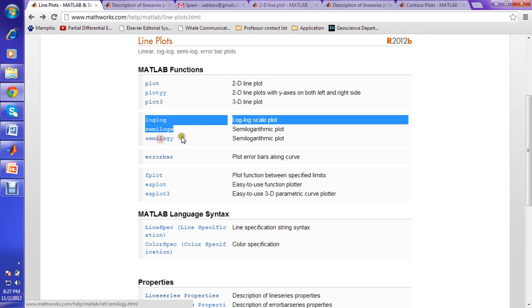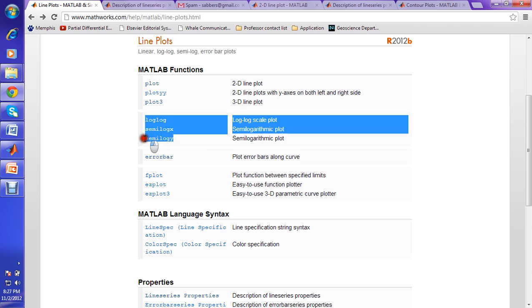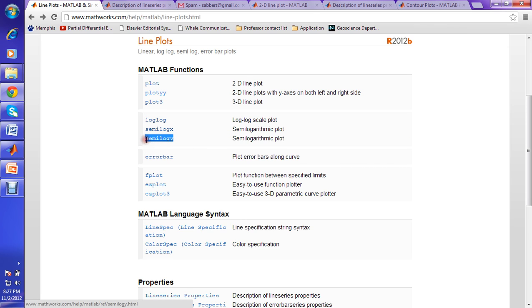If you want to plot semi-log y, then it makes a scale along the y-axis in logarithmic scale. Okay, and the function is errorbar. So let's go to MATLAB to try plot, 3D plot, 3D line plot, log-log, semi-log x, and semi-log y. So three, four, five programs.